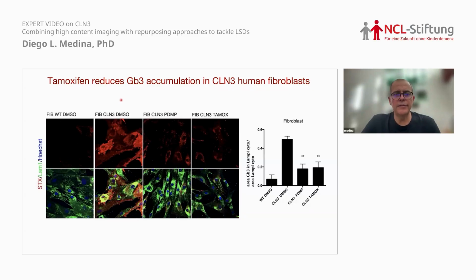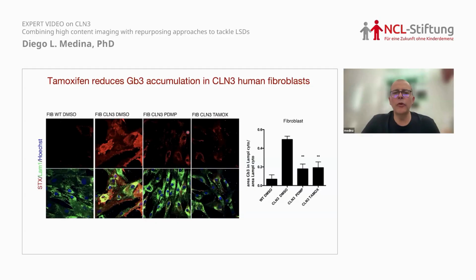As you can see in the slide, fibroblasts from CLN3 patients significantly accumulate GB3 using Shiga toxin reporter in their cells, and tamoxifen significantly reduces the accumulation of this GB3 in these human fibroblasts.